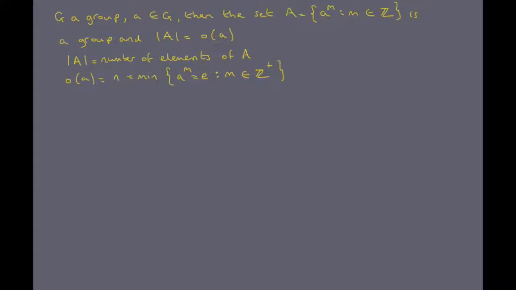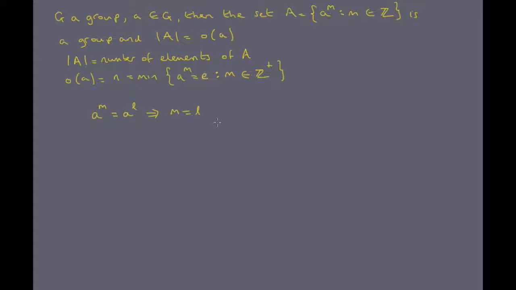So supposing we have two integers m and l, and suppose that a to the power of m equals a to the power of l implies that m and l are equal, are identical.